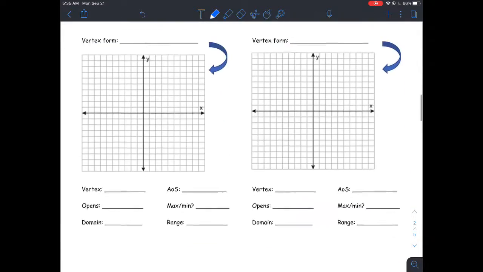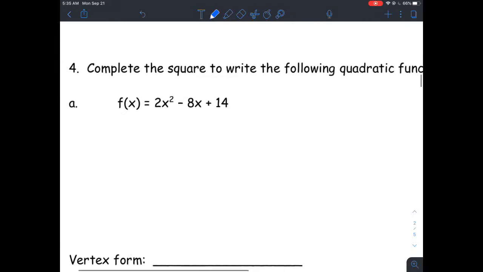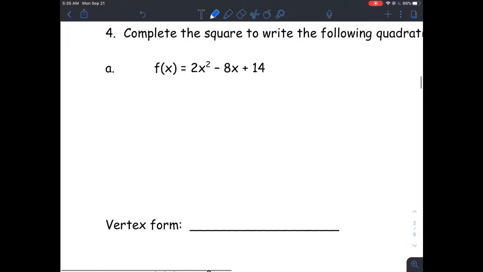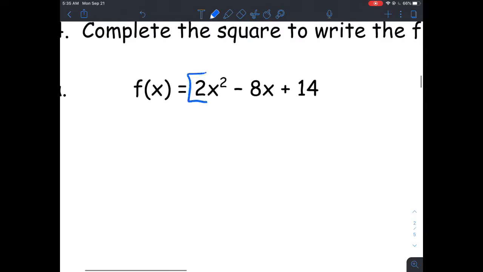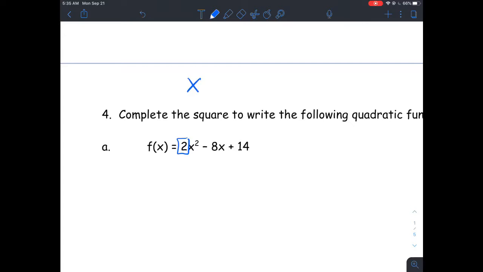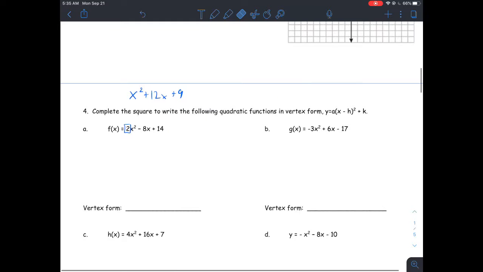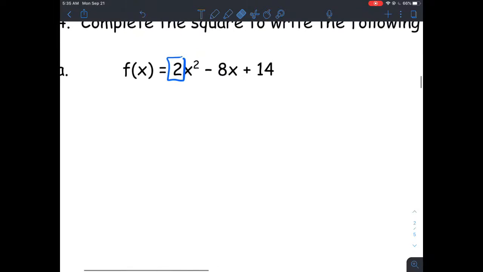So all of these problems are asking you to put these standard form parabolas into vertex form. But the tricky part is that there is a coefficient. We learned how to do it when it's something like this, right? Where we had 1 as our coefficient. Now we've got something bigger than 1.